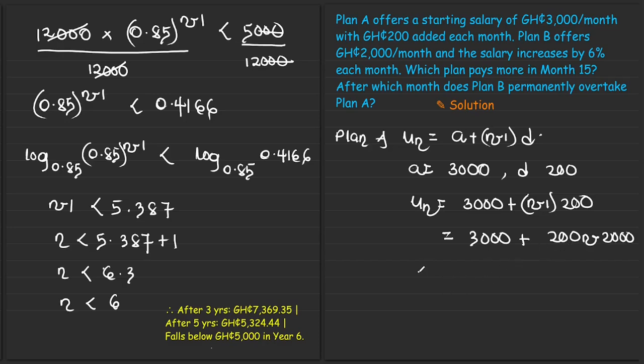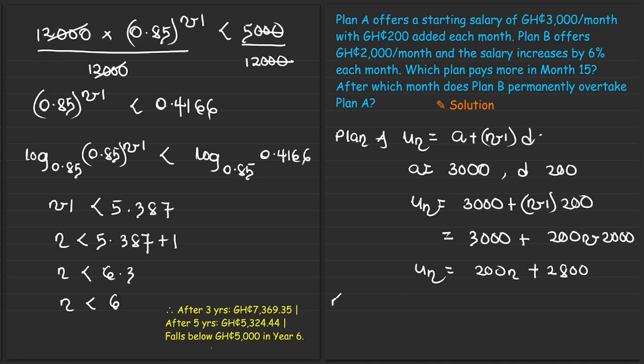We are going to get our Un being equal to 200n plus 2,800. This is what we have. Now this is the general formula for plan A.